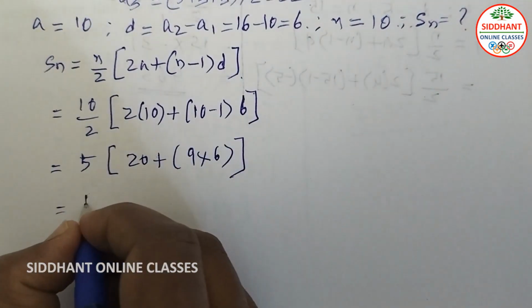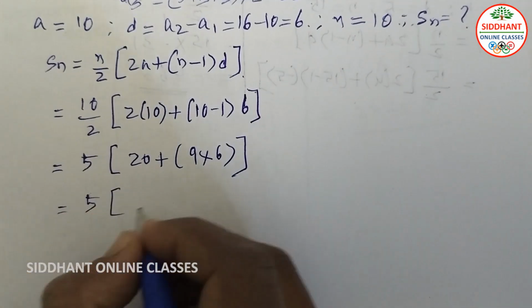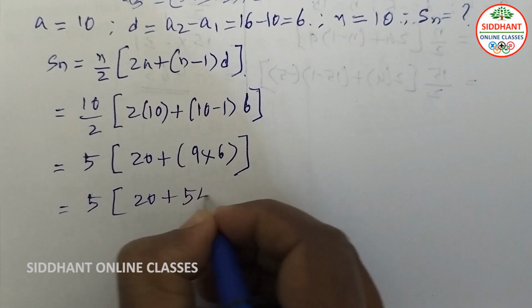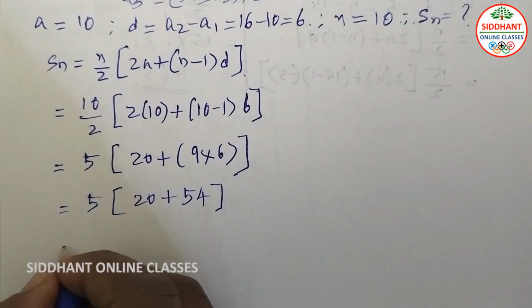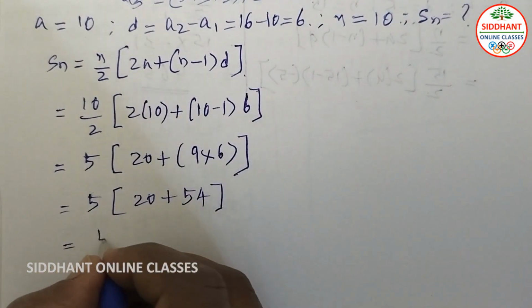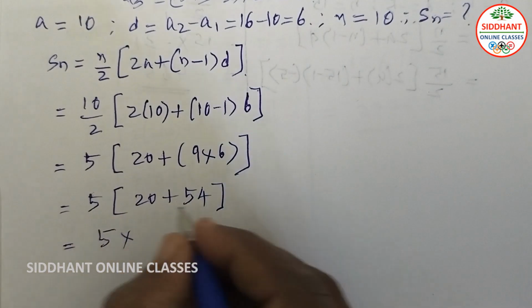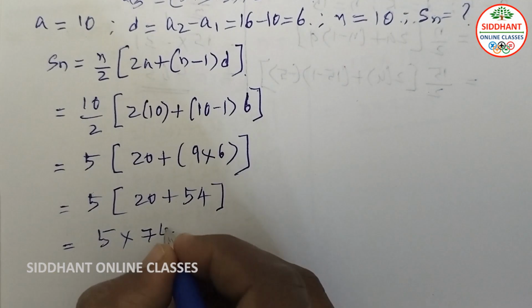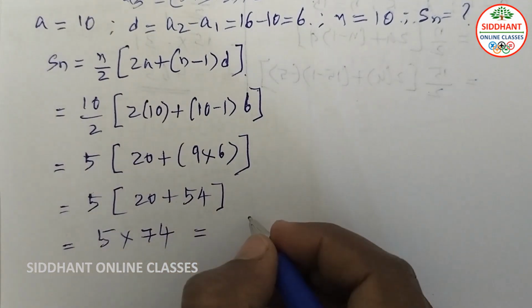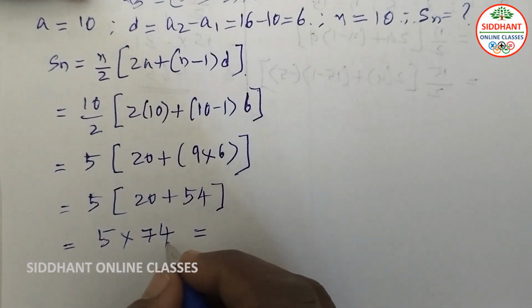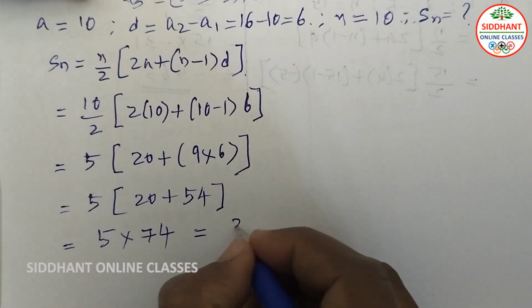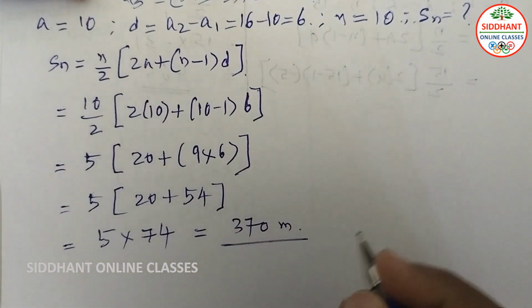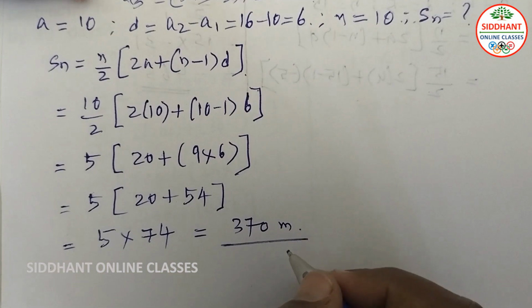So that equal to 5 into (20 plus 54), which is 74. So 74 into 5 will be 370 meters. So this is the total distance covered.